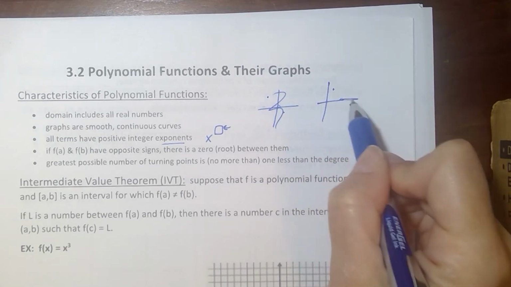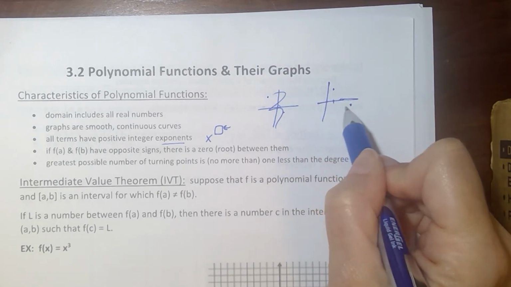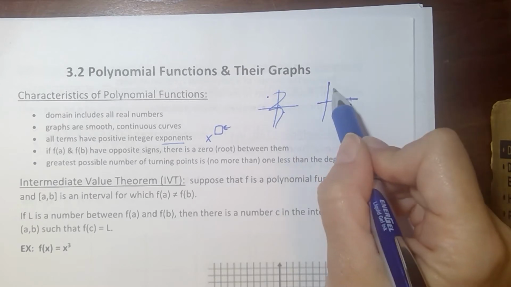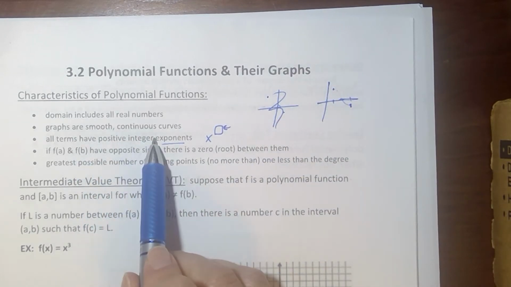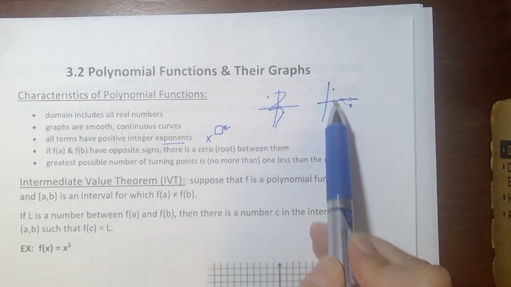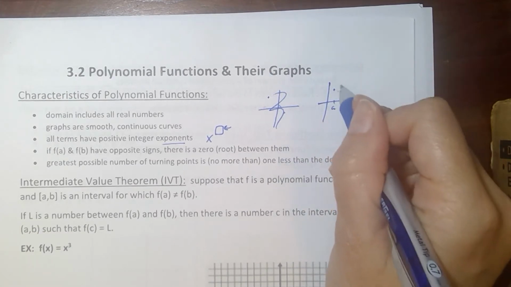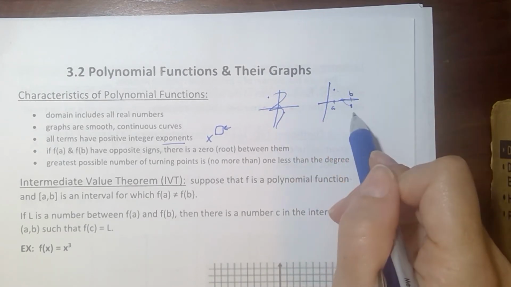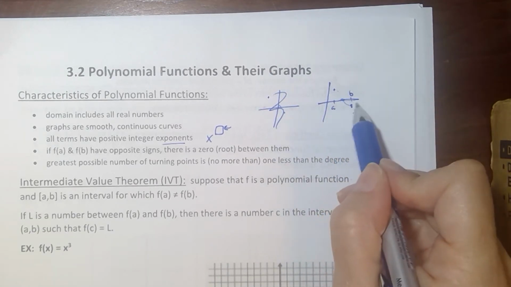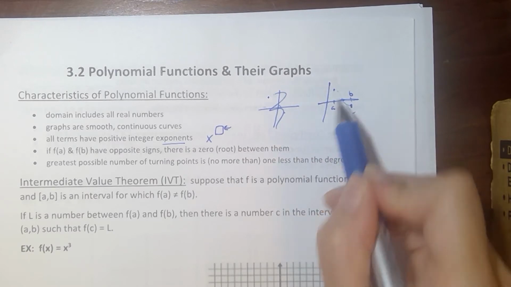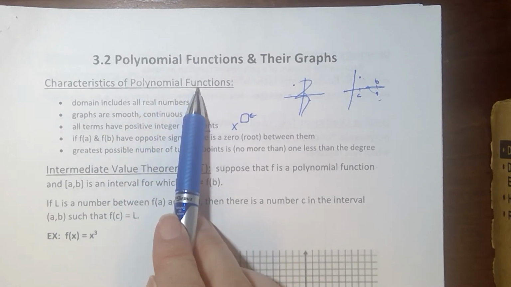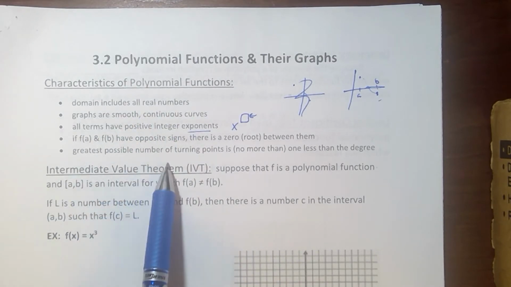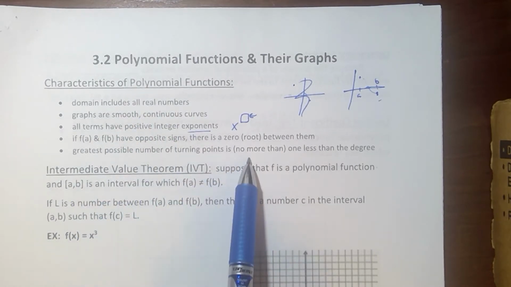Well, at some place between this x value and this x value, I have to get across the x-axis because I know my graph is a smooth continuous curve. That means that for this to plug in a here and get out a positive and to plug in b here and get out a negative, there has to be a value between a and b that gives me a 0 or an x-intercept.